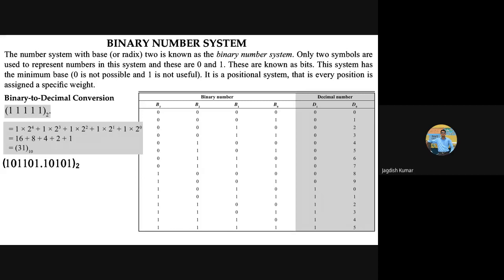Are you calculating? I hope you all are. Subhash, are you doing the calculation or not? Mohit.